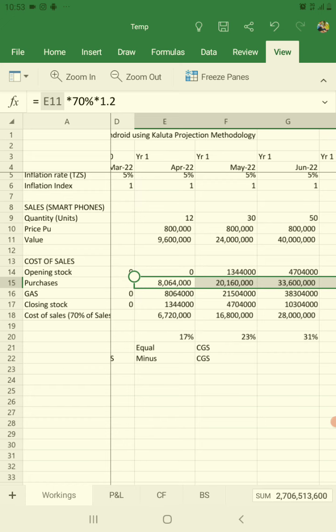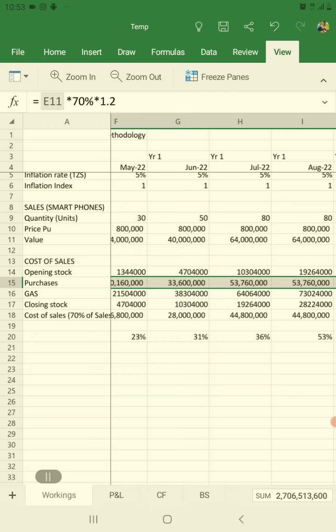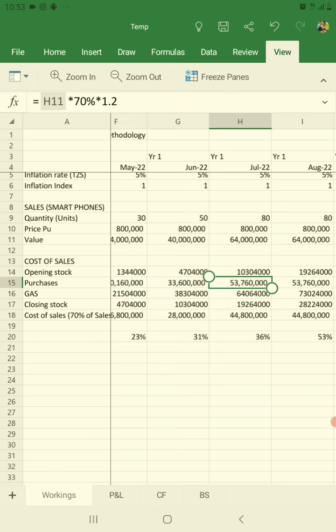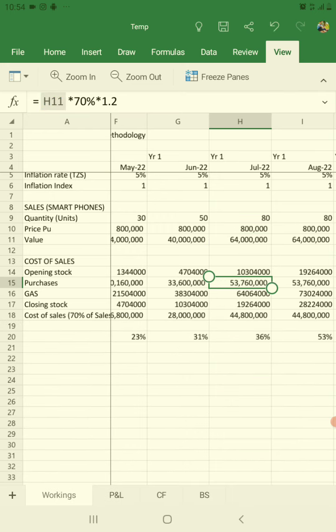But you can see my closing stock figure also changes. Though my purchases now actually reflect, for example, if I click here, you see the formula there. It is value times 70% multiplied by 1.2. That is marking up the purchases by 20%. So purchases in any row you will go here, you will see that it is okay.